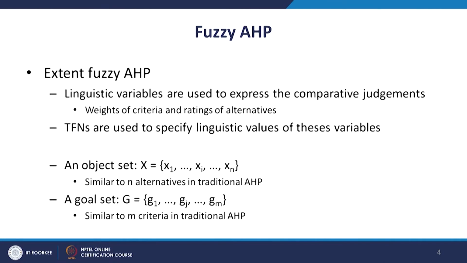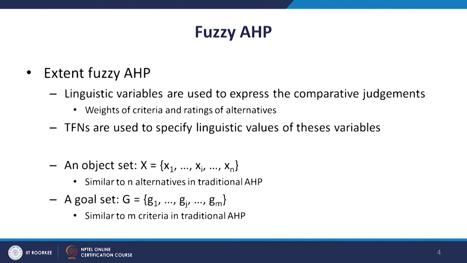Linguistic variables, as we talked about in the previous lecture on fuzzy sets, are used to express the comparative judgments in fuzzy AHP and extent fuzzy AHP as well. Just like in the previous lecture we gave the example of age, where we said young, not very young, not young.